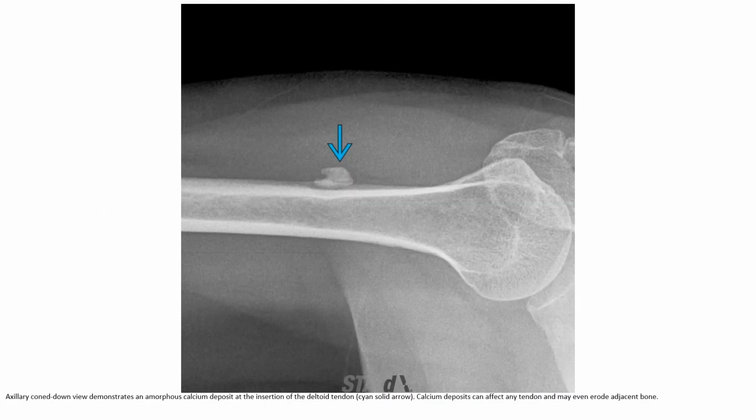This axillary cone-down view demonstrates amorphous calcium deposits at the insertion of the deltoid tendon. Calcium deposits can affect the tendon and may even erode adjacent bone.